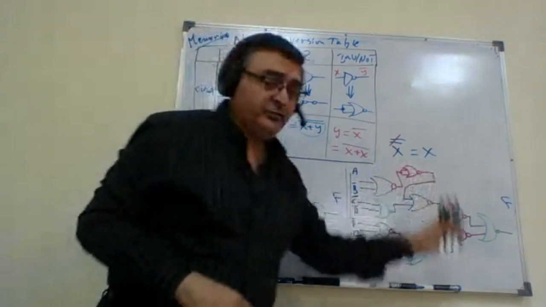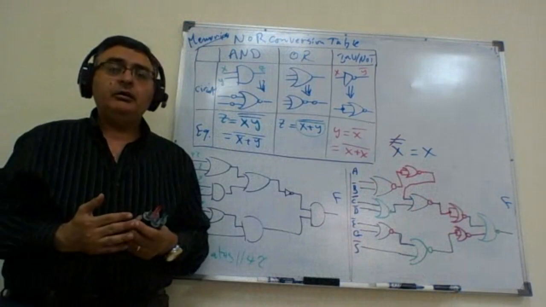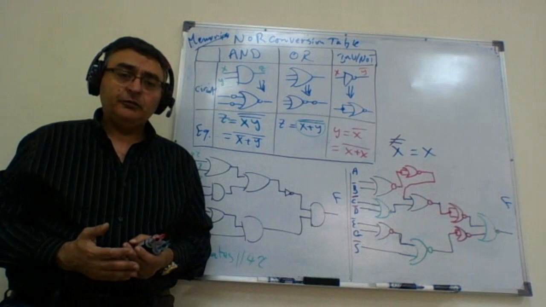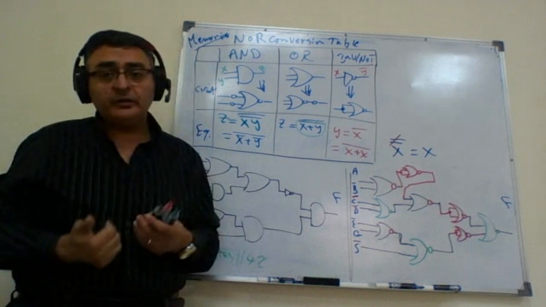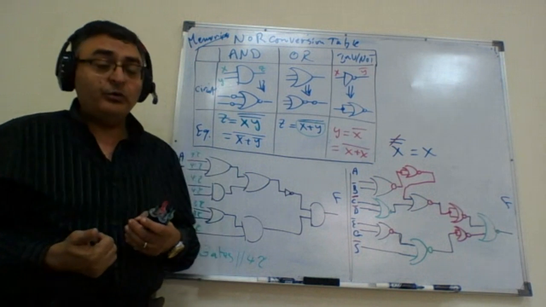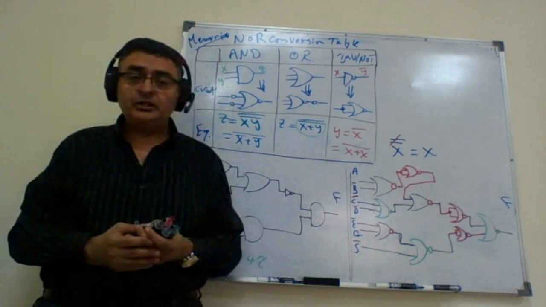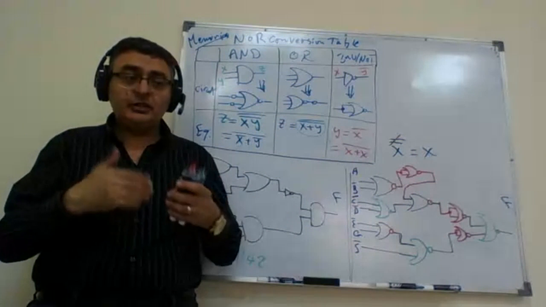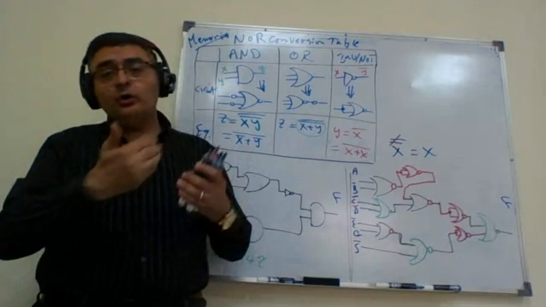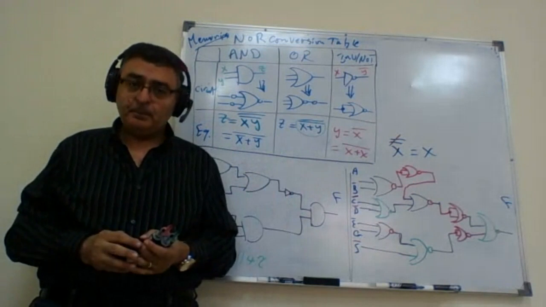Now after this conversion, what did I do to the delay? Did I get the delay worse or better? There is no final answer for that. You have to analyze the circuit to see whether the delay is getting higher or lower or maybe stays the same.